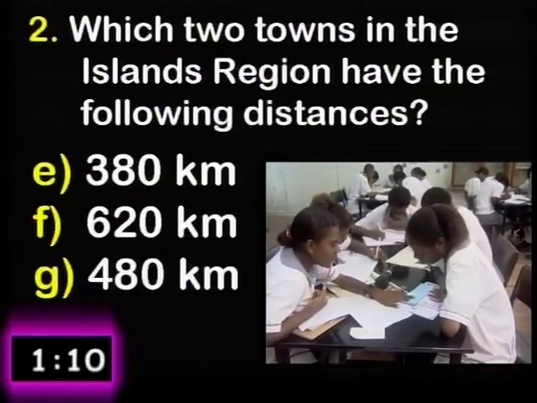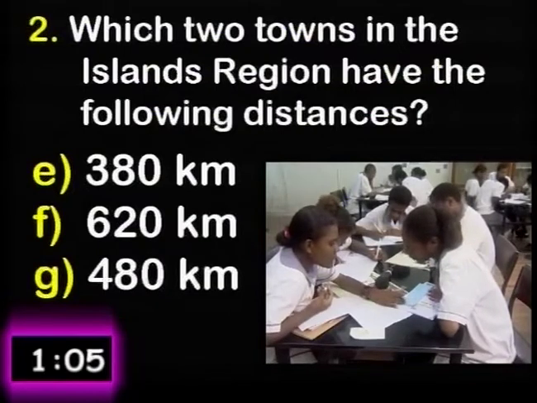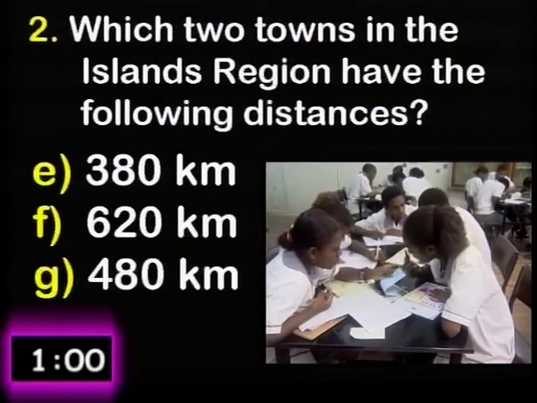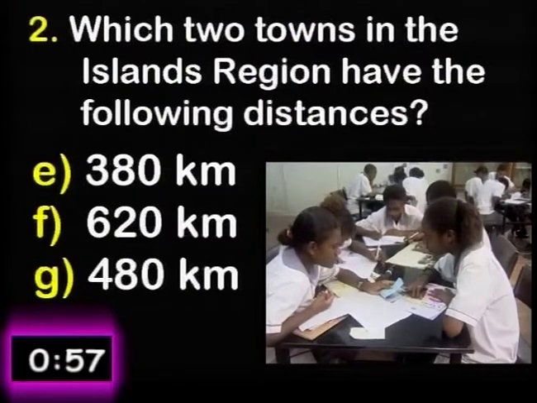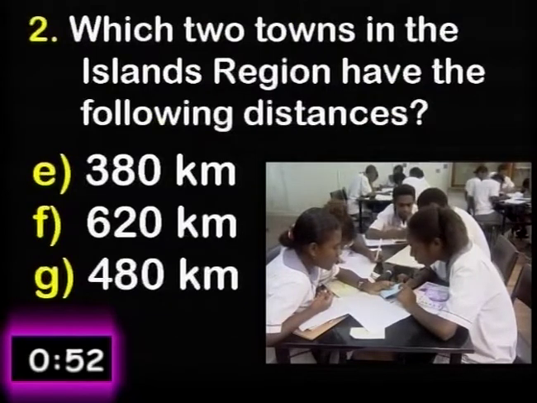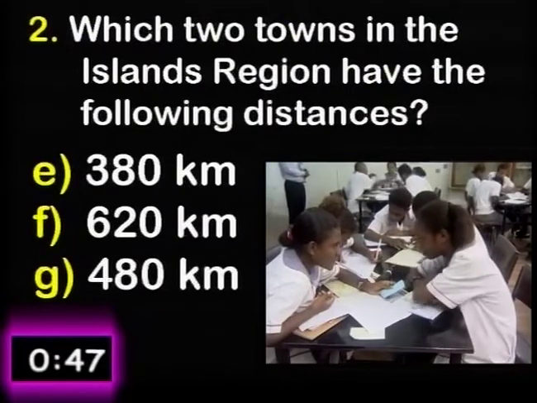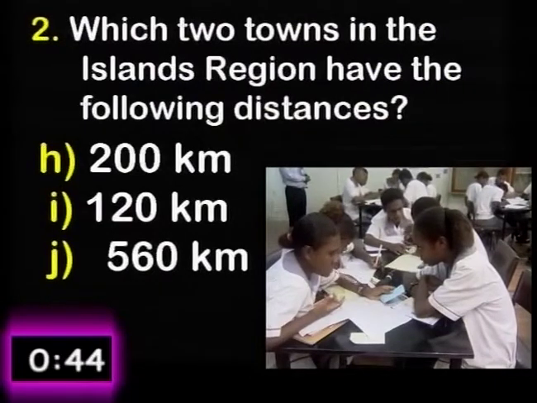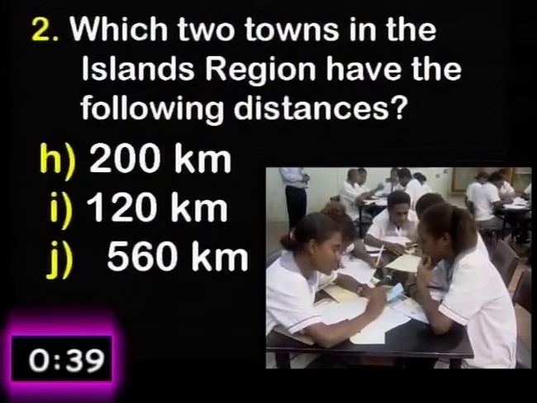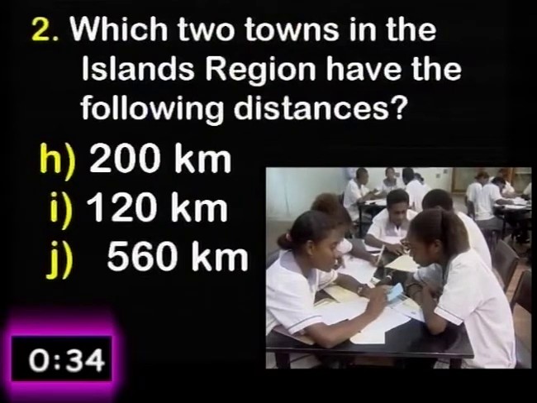Show me. Kundiawan to Goroka. 1.5. 0.6. Okay.